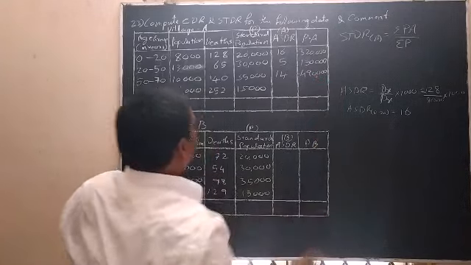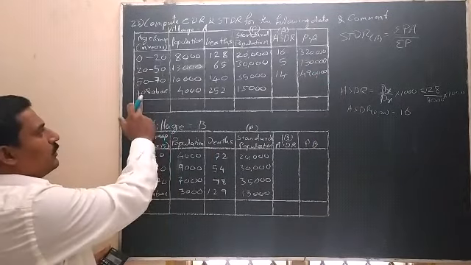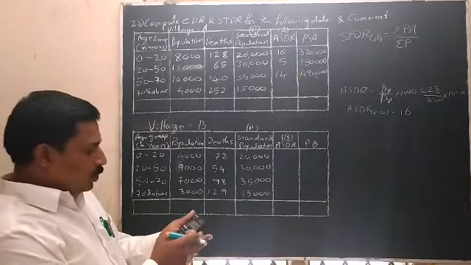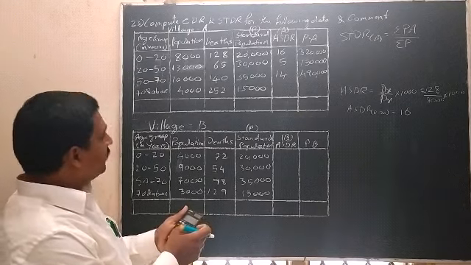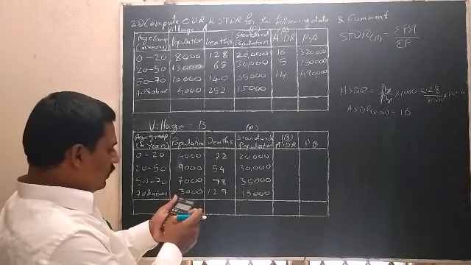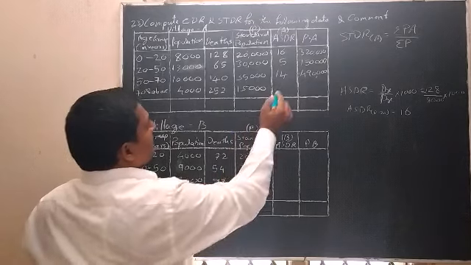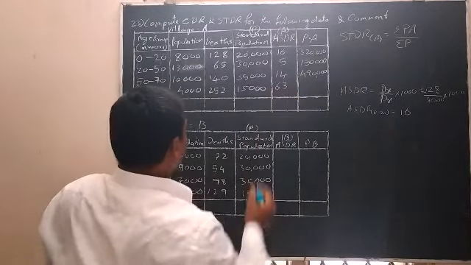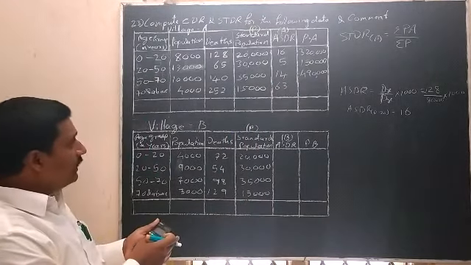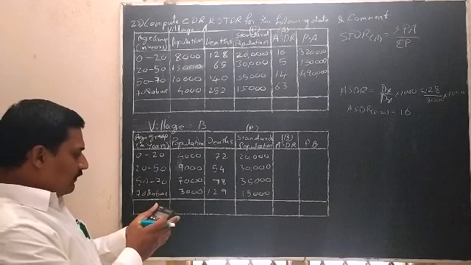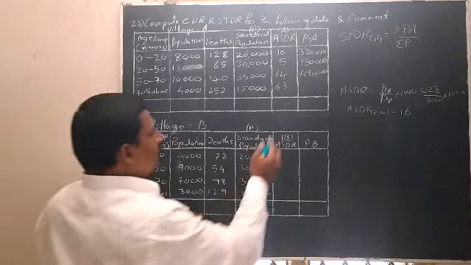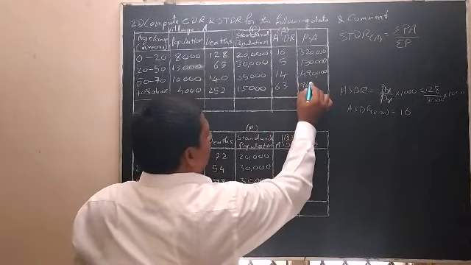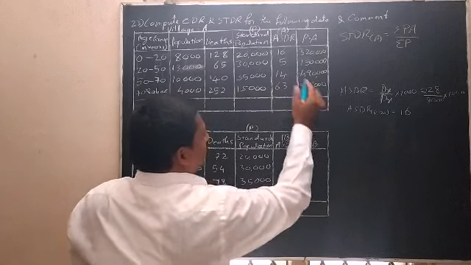So 14 into 35,000 is equal to 4,90,000. For the last age group, 70 and above, 252 are deaths divided by 4,000 into 1000 is equal to 63. 63 into the standard population 15,000 is equal to 9,45,000.